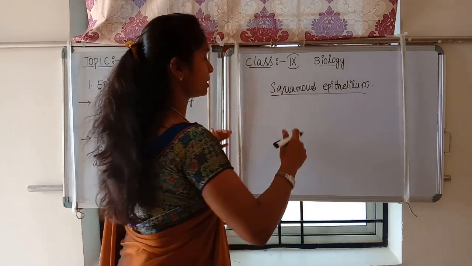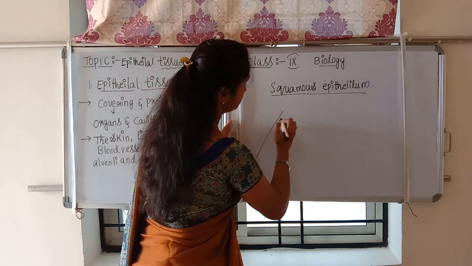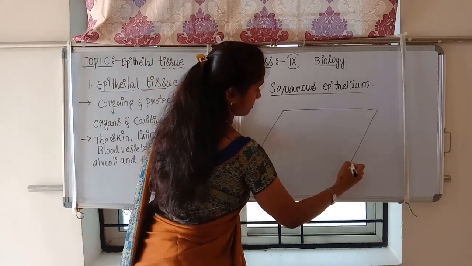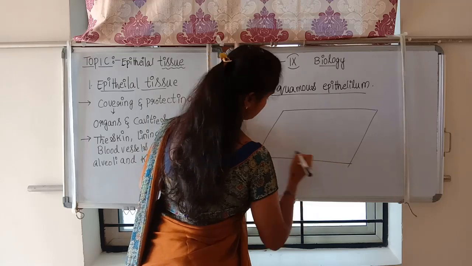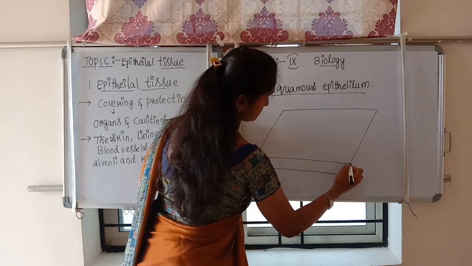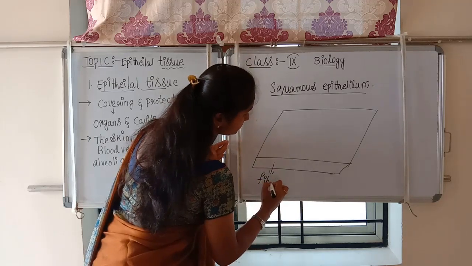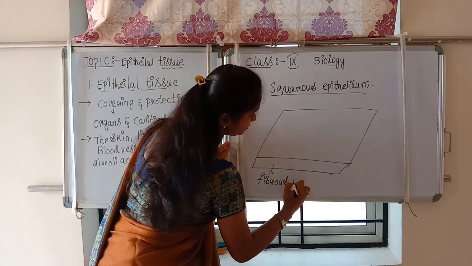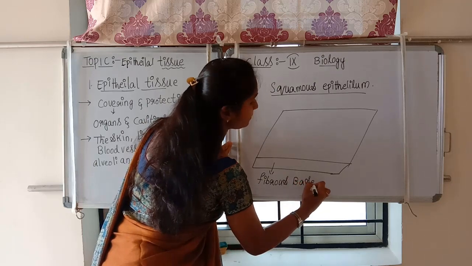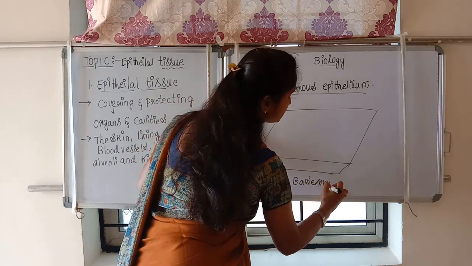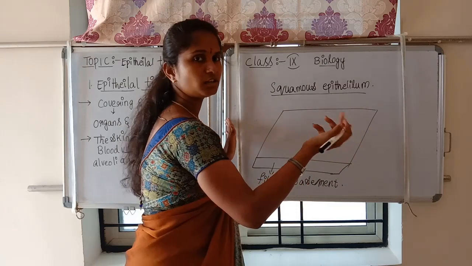Now I am going to draw the structure. This is the fibrous basement membrane. For every epithelial tissue there is a fibrous basement membrane; without this it cannot hold.